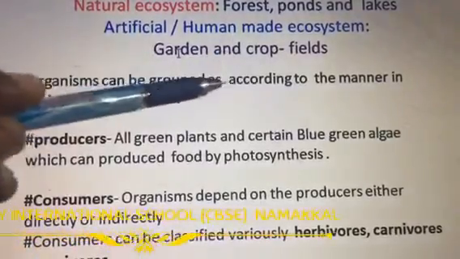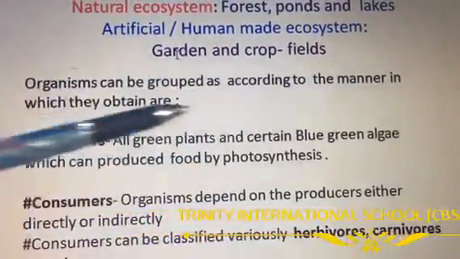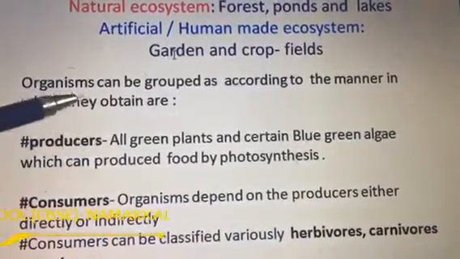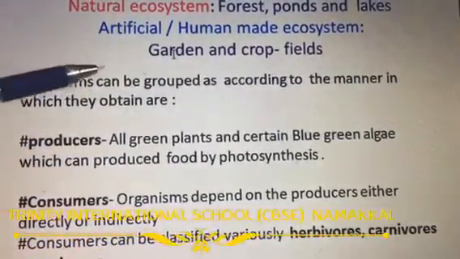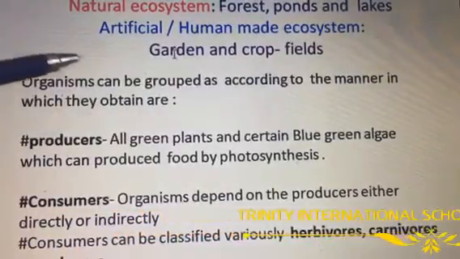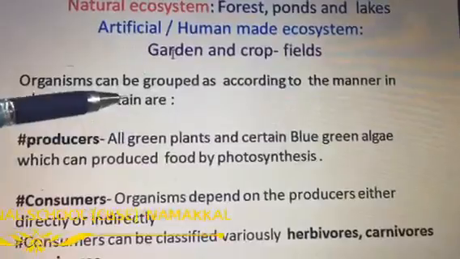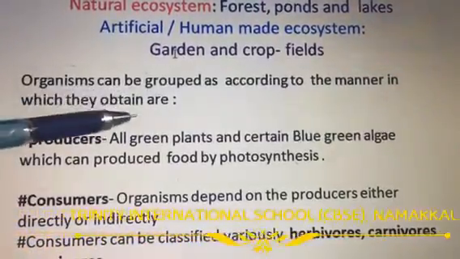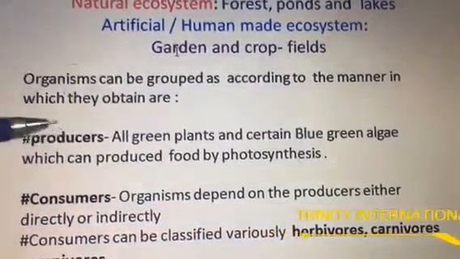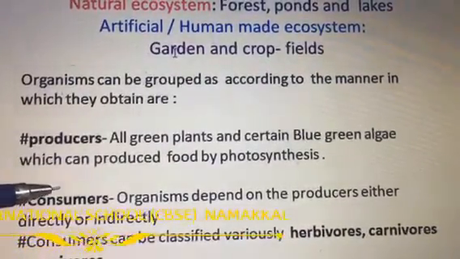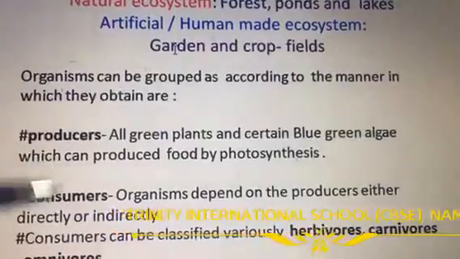Organisms can be grouped according to the manner in which they obtain food. Organisms, that is the biotic component we discussed. So there are living organisms, and they are classified according to what they take: producers, consumers and decomposers.